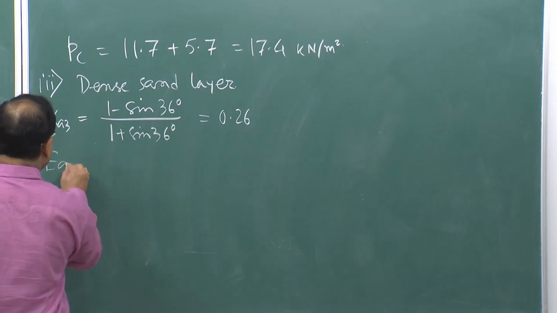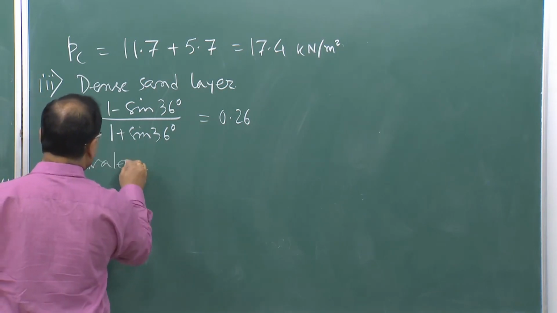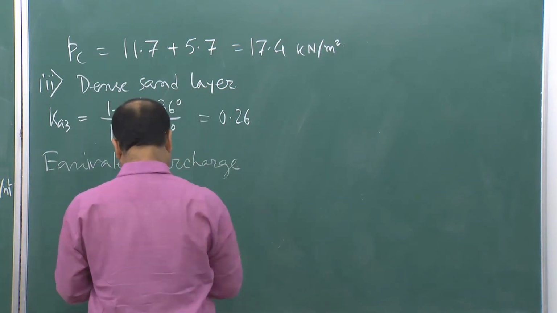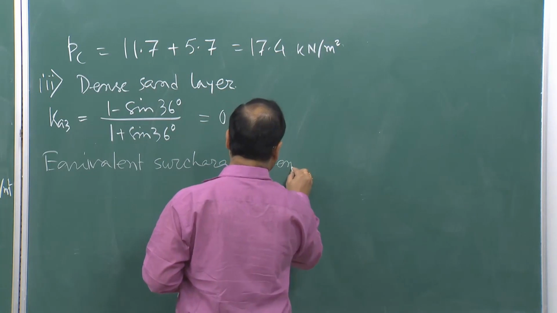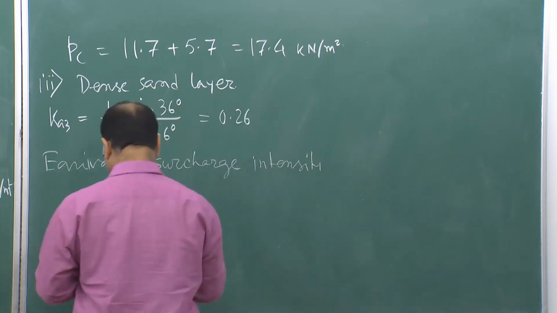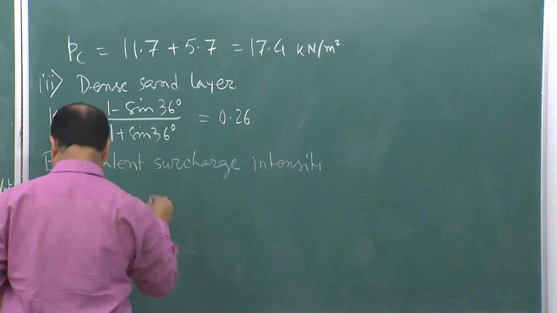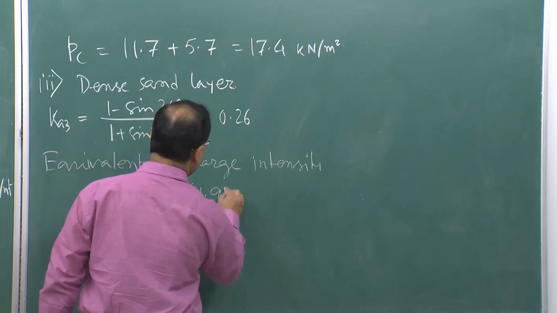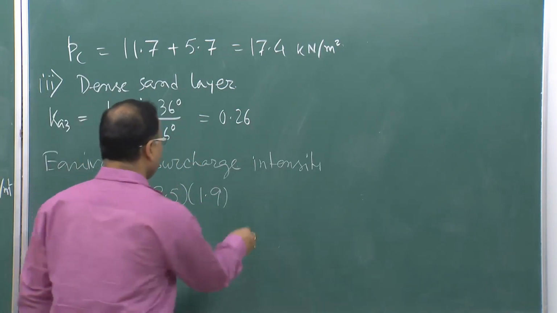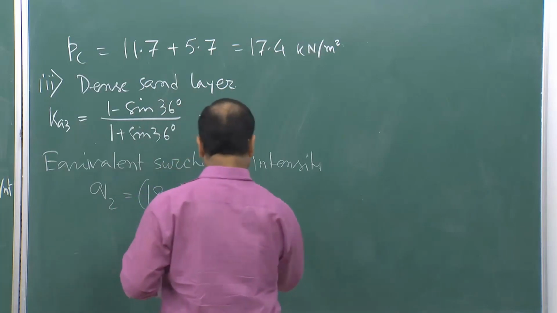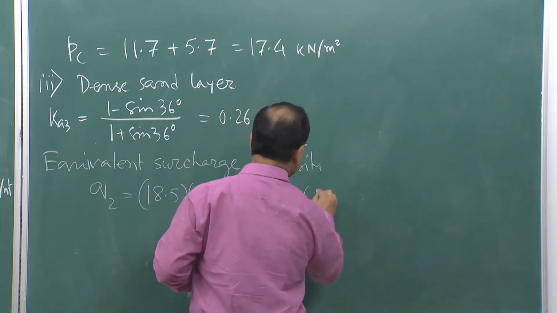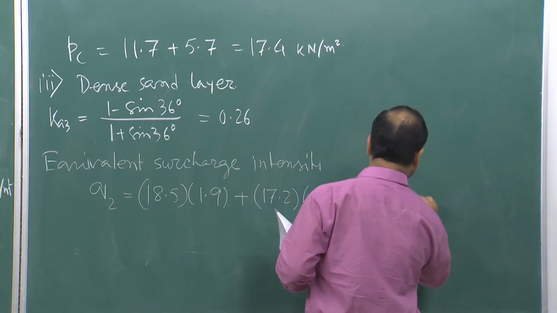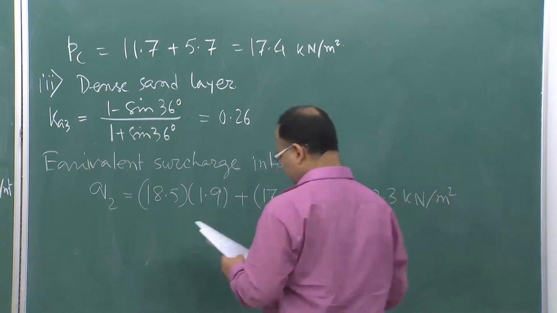So, equivalent surcharge intensity Q2 is equal to what? 18.5 into 1.9, that is for top layer, plus for second layer 17.2 into 1, that gives me 52.3 kilonewton per meter square.